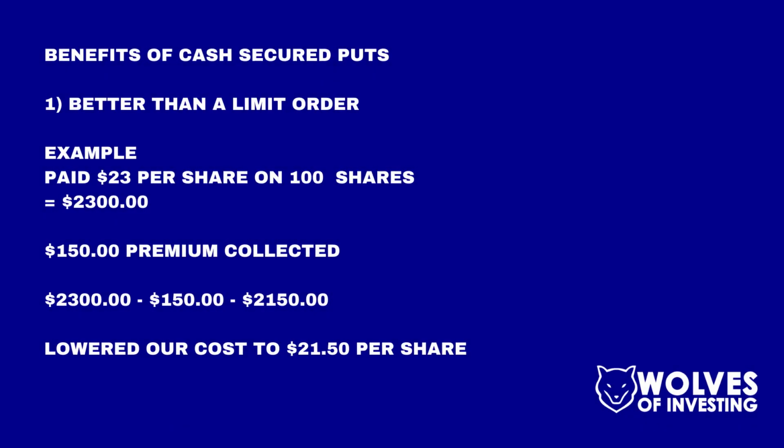What are some of the benefits of writing cash secured puts? One benefit is that you're able to buy the stock at an effective price that's even lower than the strike price. For example, with our $23 strike price and a $1.50 premium, if we got assigned, our effective price would be $23 minus $1.50, or $21.50.